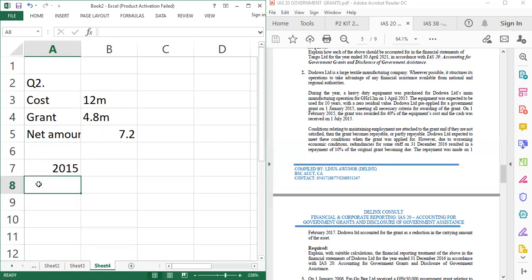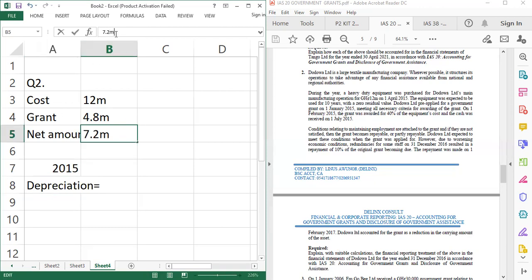We now have depreciation. What will be the depreciation? Are you going to take into consideration the months? Yes, because they didn't really say anything. If they didn't say anything, then it will be on a pro rata basis. So it will be 7.2 divided by 10 years. Am I correct?